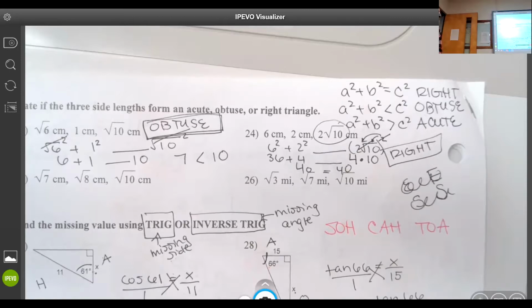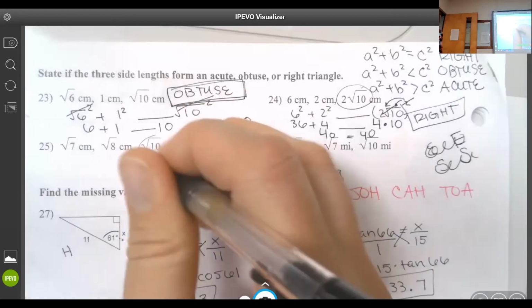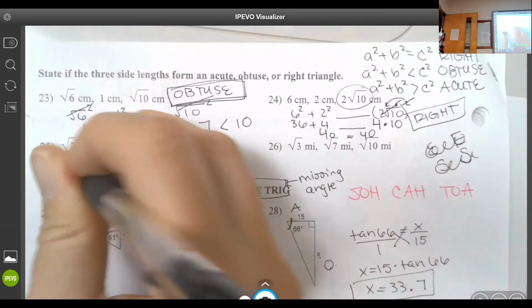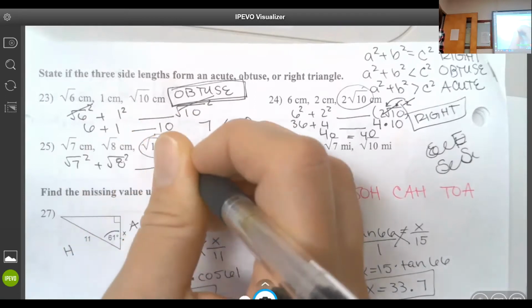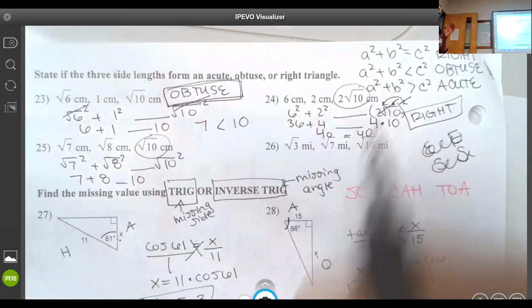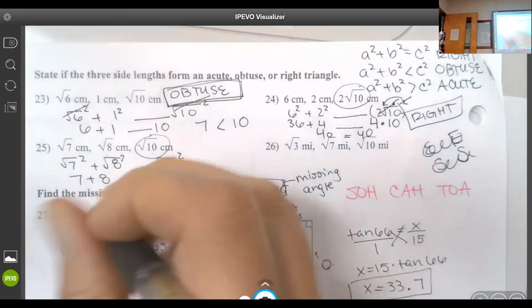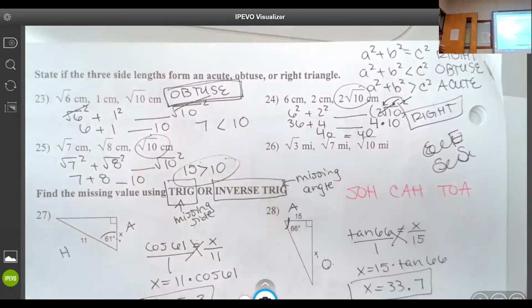So I'll do the same. Now the last two are easy because they're all radicals. So obviously the largest number inside the rad, this is my C value. Rad 7 squared plus rad 8 squared. How does that compare to rad 10 squared, which is just 7 and 8 compared to 10, because they're all just going to undo each other. So 15 is greater than 10. So since I have greater than, which type of triangle do I have?